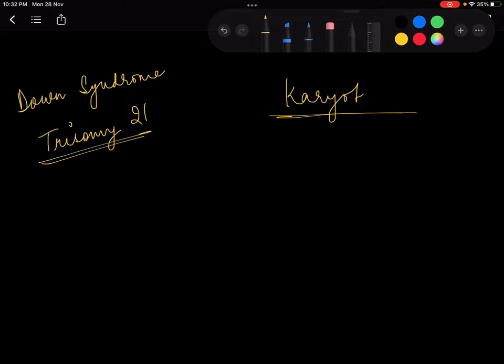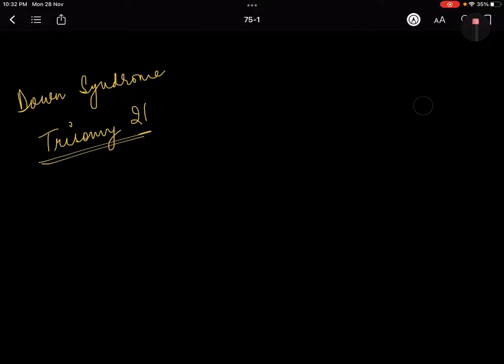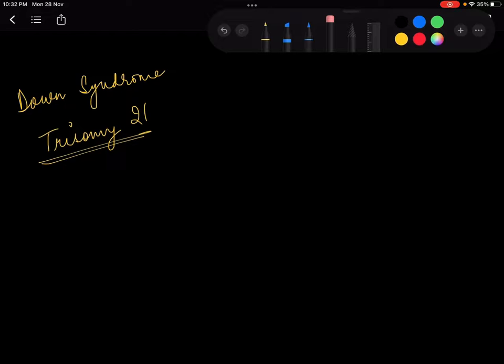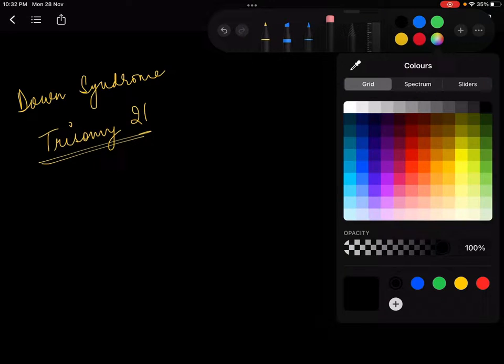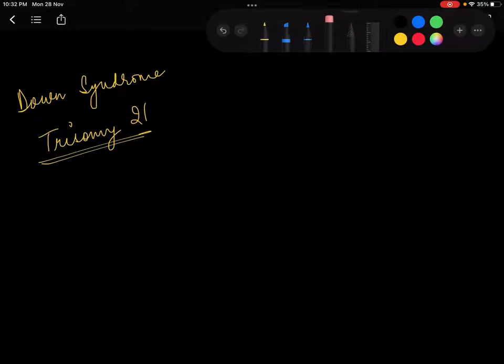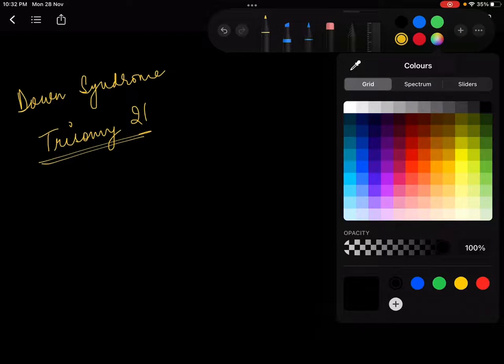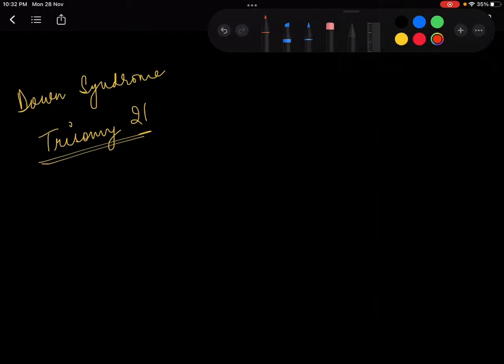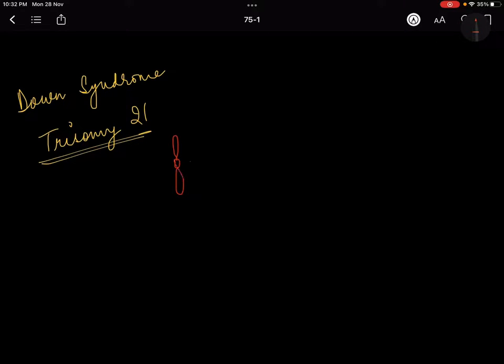Okay? Now let me make a karyotype and I'll tell you how. Let me take this color and let me start making it. Let me write first 1 2 3 4 5 6 7.